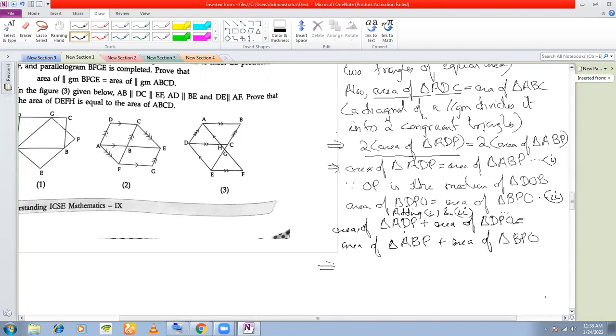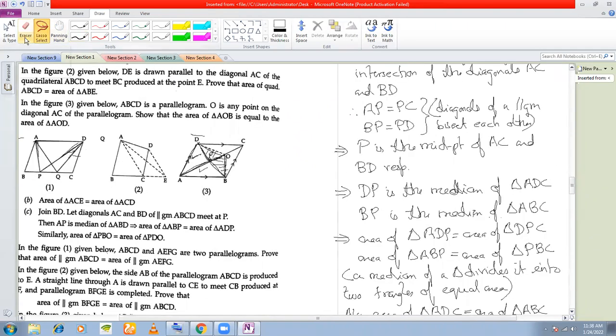If I add the two, now look, area of ADP and DPO, what is it? This was my point P. Area of ADP, this triangle, plus area of DPO, what triangle is it? This triangle, which is AOD.